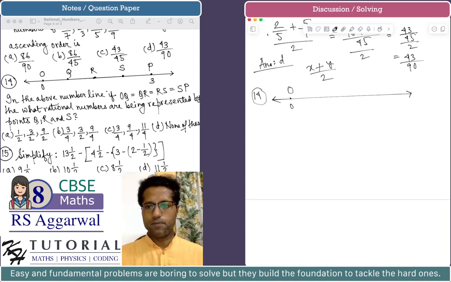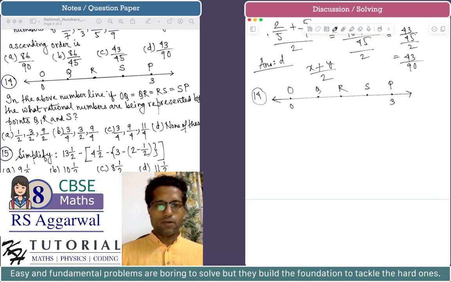We see a point P representing the integer 3, and we can see that we have points Q, R and S. It is given that OQ is equal to QR is equal to RS is equal to SP.